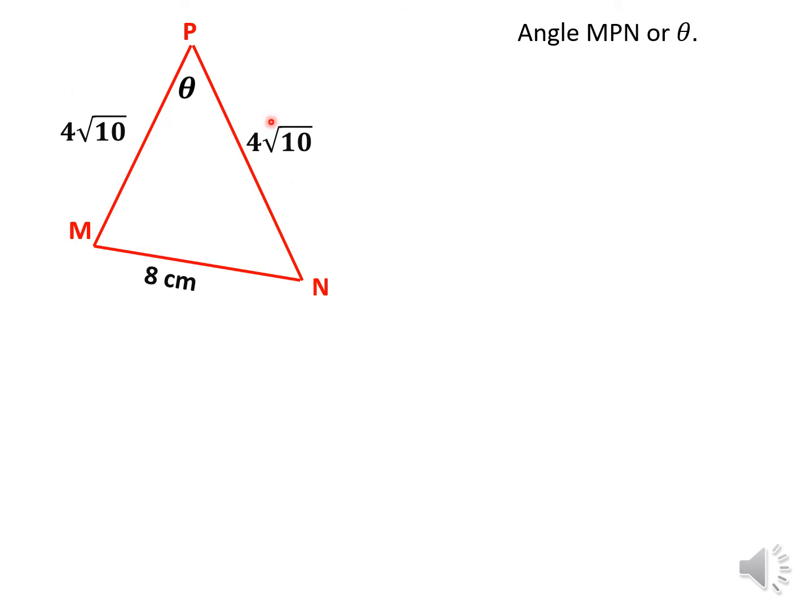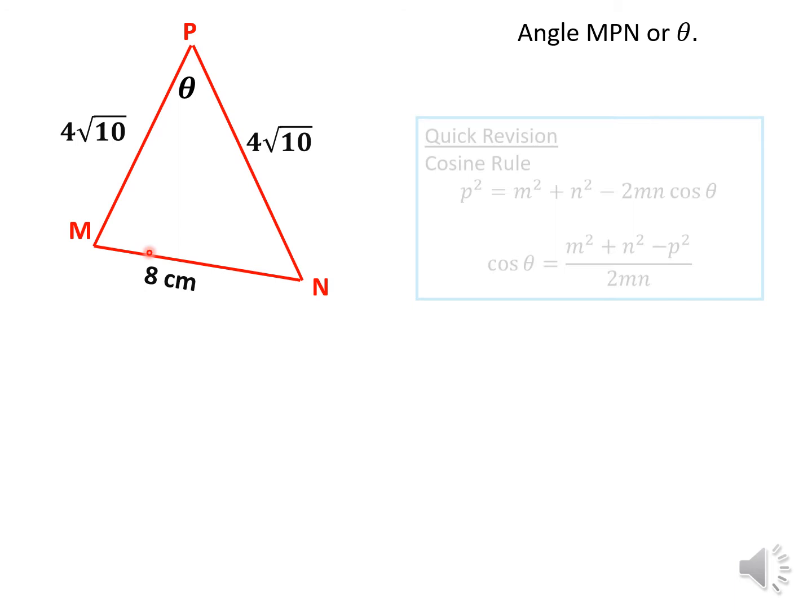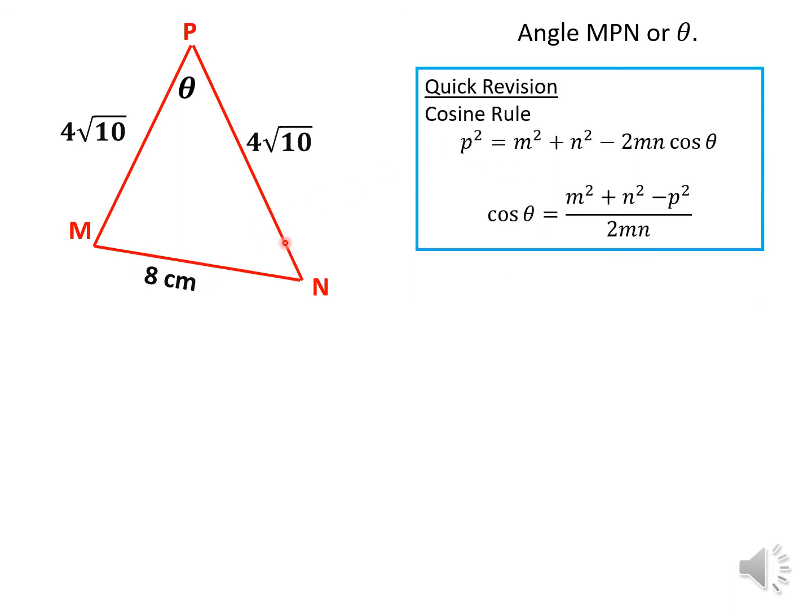Now we have to use the cosine rule, or the law of cosines. A quick revision: what is the law of cosines? If you're looking for this particular angle, we use the cosine of it. The side opposite that angle, squared, so that's why I use small p squared equals m squared plus n squared.